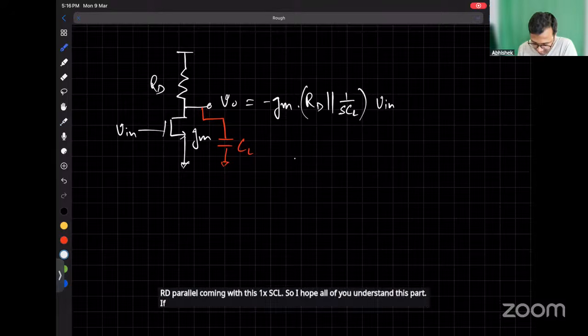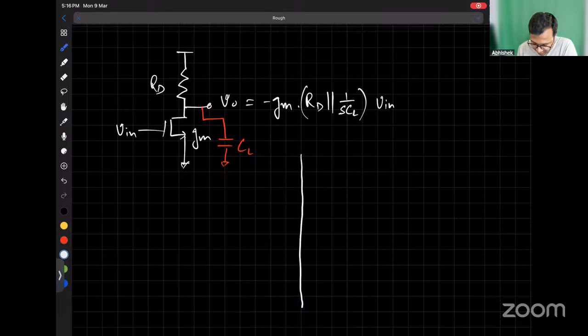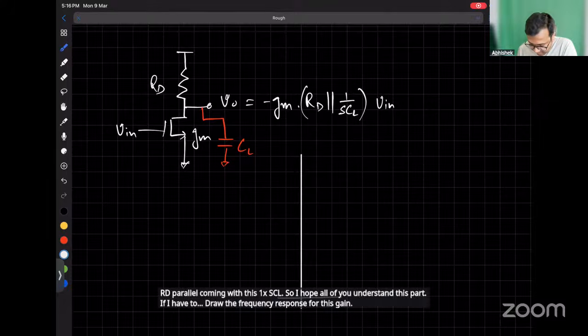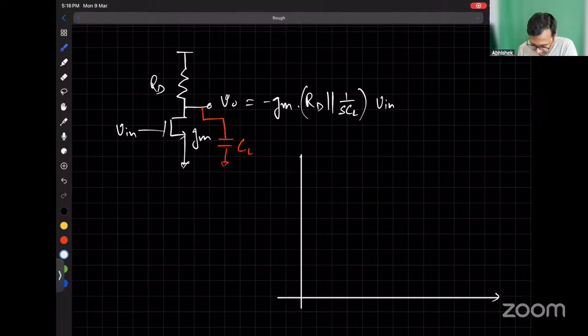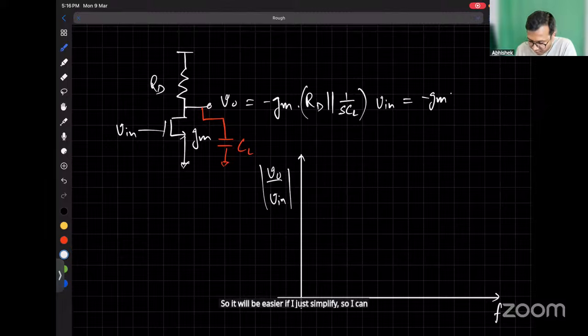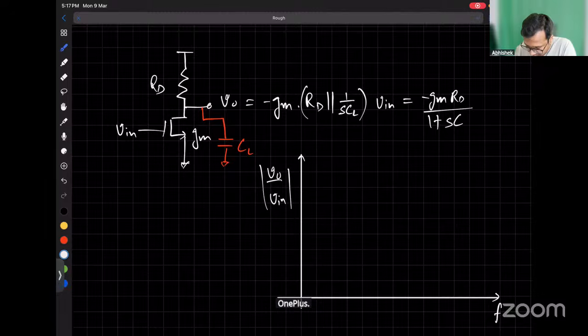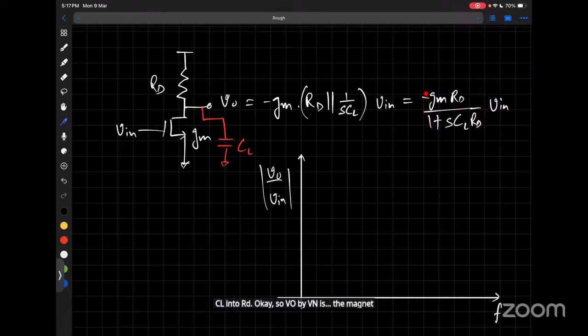If I have to draw the frequency response for this gain, it will be easier if I simplify. I can write it as minus gm RD divided by 1 plus s CL RD. So Vo/Vin is this expression.